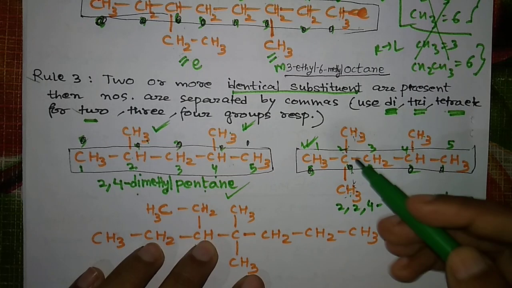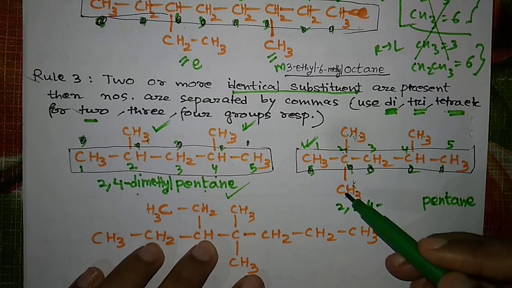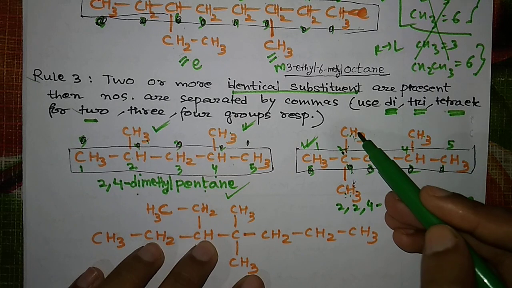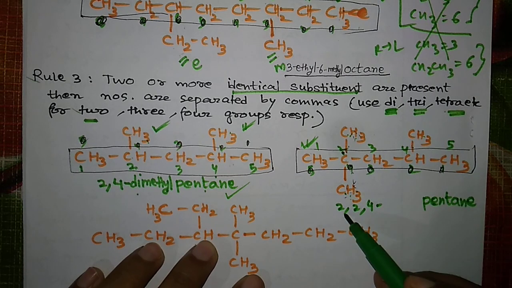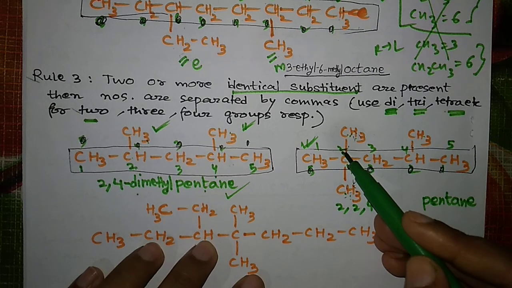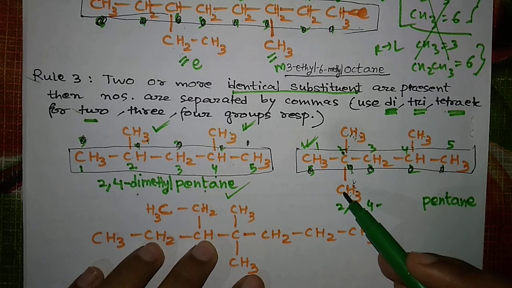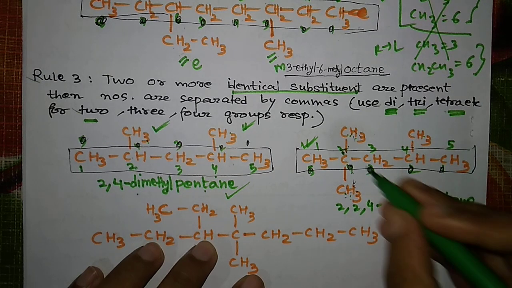Why 2 times? Because there are 2 methyl groups, and both methyl groups are present at 2 position. 2 methyl group हैं प्लस दोनों methyl group 2 position पे हैं, तो 2 को 2 बार लिखना पड़ेगा, एक बार लिखने से नहीं होगा. 2 को 2 बार लिखने का मतलब क्या है? मिथाइल 2 पोजीशन में 2 है, ठीक है, 4 पोजीशन में 1 है, so 4 को एक बार लिखा. So 2 comma 2 comma 4.